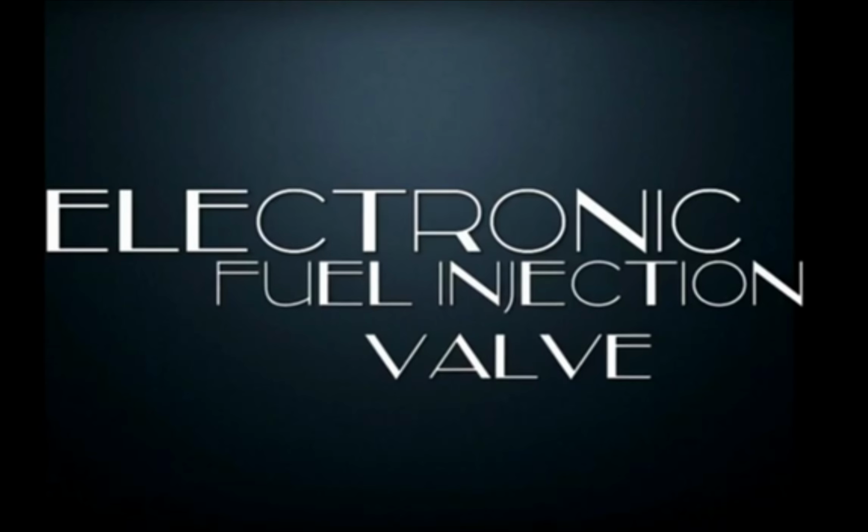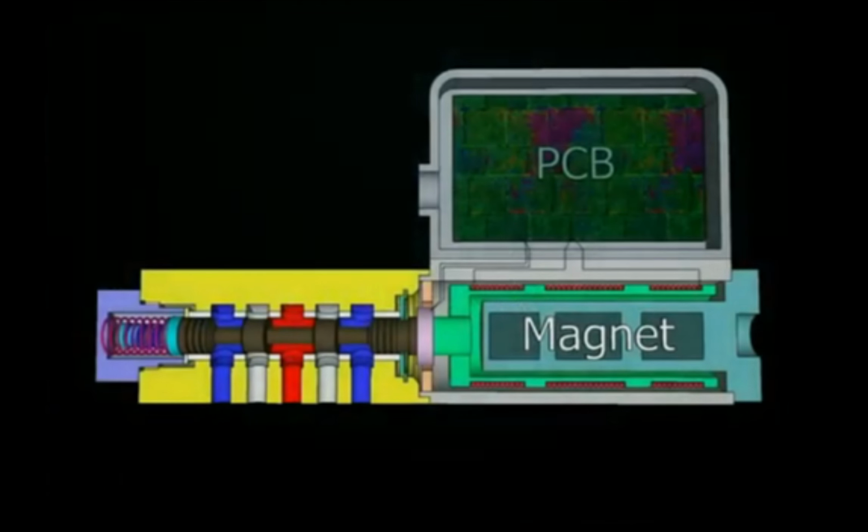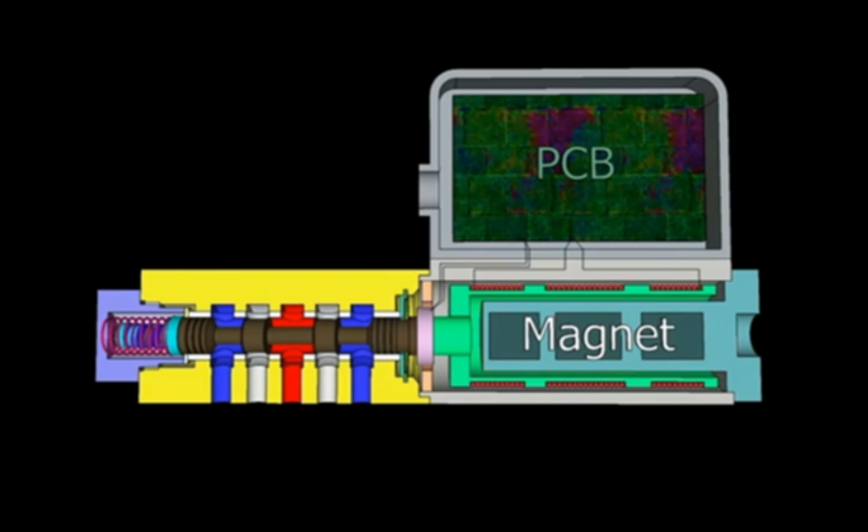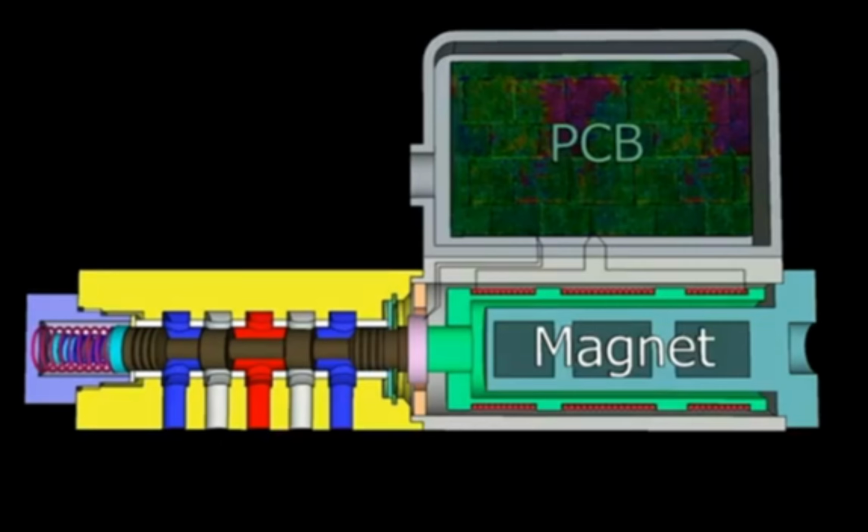Next is the electronic fuel injection valve, named the LFE or FIVA valve. It is a proportional control valve, a solenoid valve, which acts as a pilot valve for the main spool valve, and it is controlled by the PCB, which is a computer processor, which will activate the voice coil drive, which will move the spool of the pilot valve.